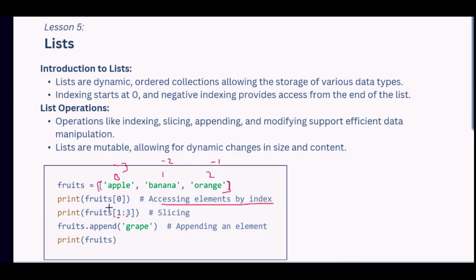If you write this, it will return apple, banana and orange, because the third index is not included here.